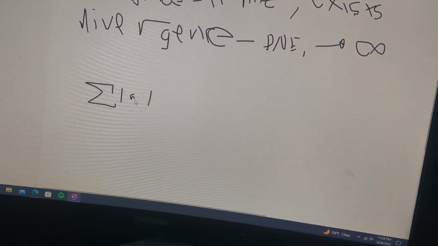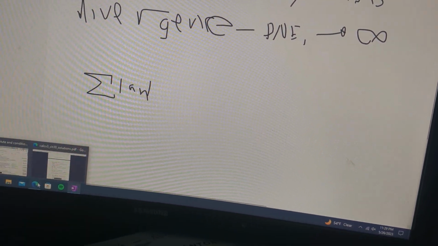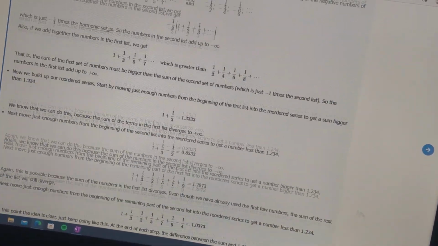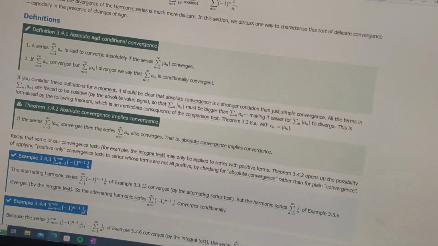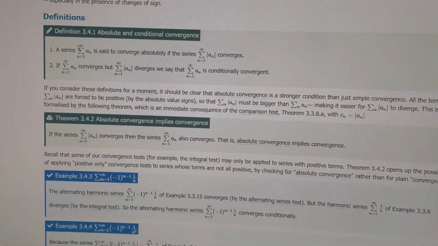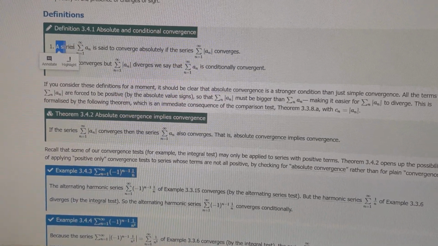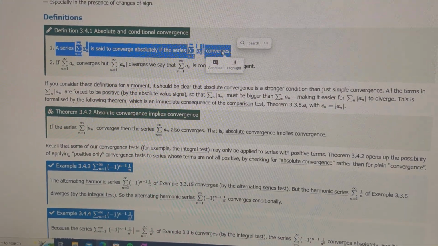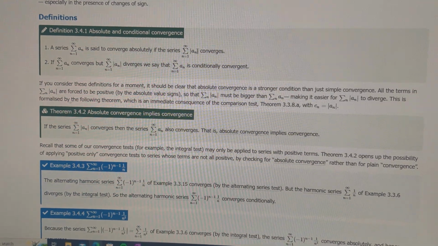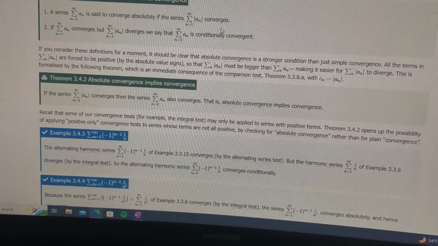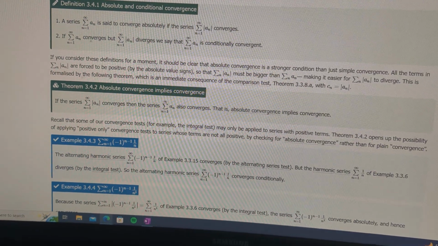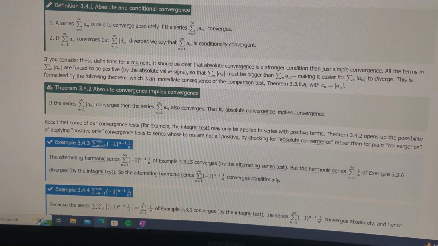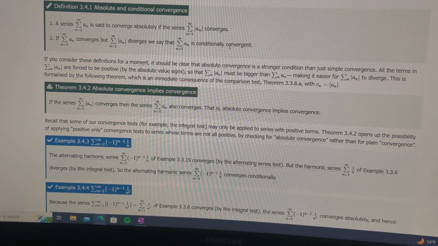Here is the exact definition from the textbook, which says that a series converges absolutely if the absolute value of that series converges. But if just the series converges and the absolute value of that same series diverges, then it is conditionally convergent.